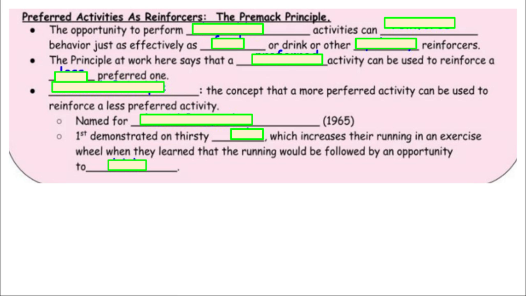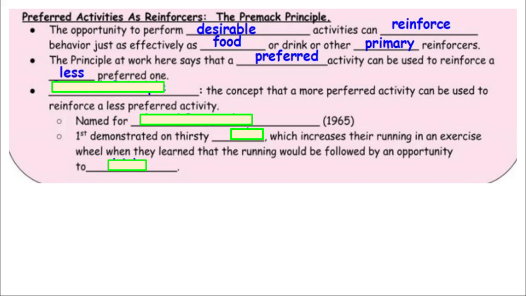Preferred activities as reinforcers. This is something known as the Premack principle. This actually works very well, and the opportunity to perform a desirable activity can reinforce your behavior just as effectively as food or drink or other primary reinforcers. The Premack principle says that a preferred activity can be used to reinforce a less preferred one.